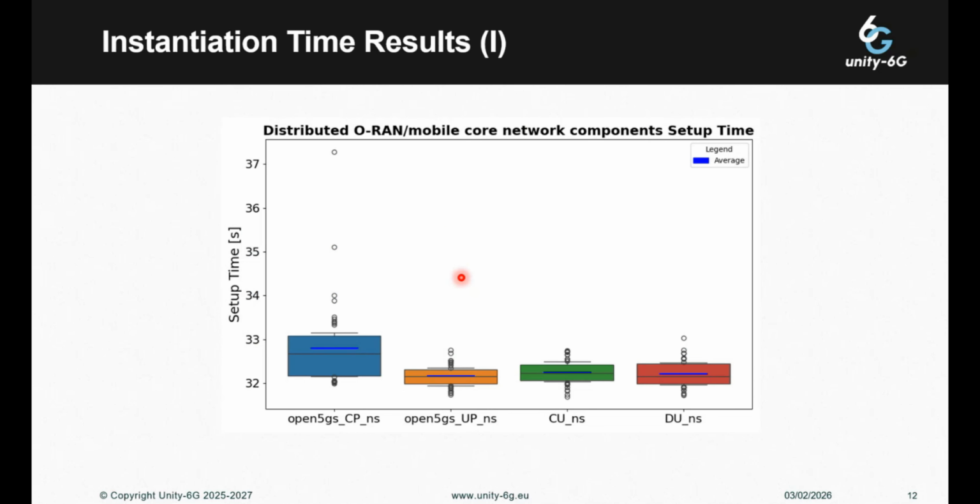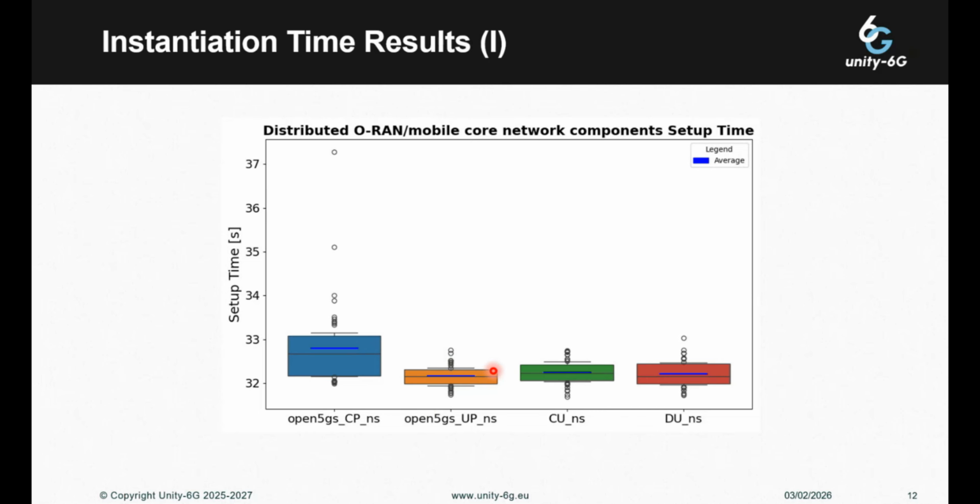Then here we have some quantitative results of this demo, just to frame the time it takes to perform these operations. Here you can see a box plot of 50 repetitions of the instantiation of different artifacts. We have on one hand the control plane, the UPF, or CU and DU. This is the time registered by the deployment of Open Source MANO.